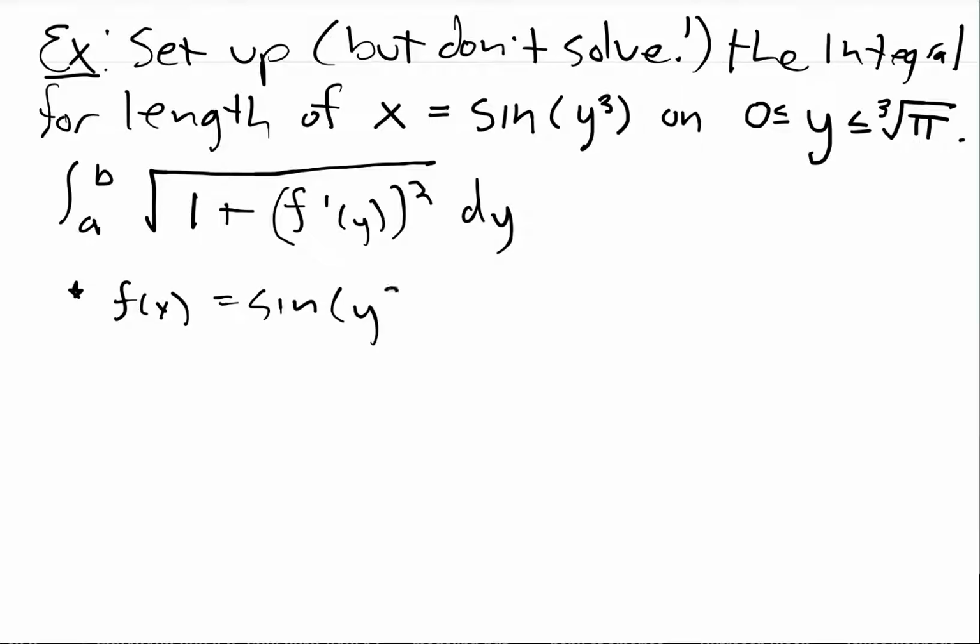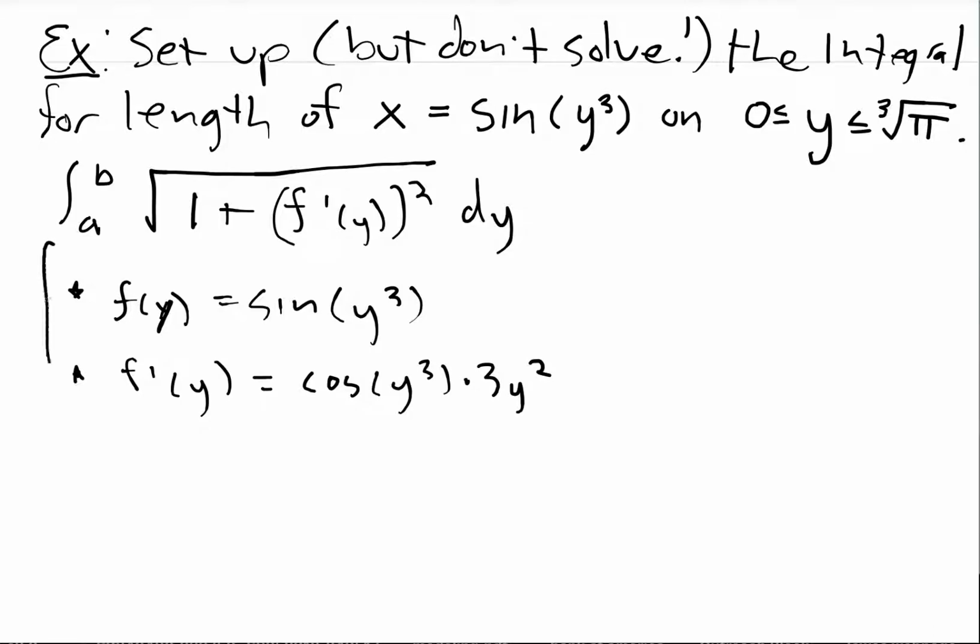So if this is my function, I still need to be able to take a derivative. In this case, I'll need chain rule, so do be careful about that. I still get to plug this in. I'm still given an interval. I said above it went from 0 to cube root of pi.